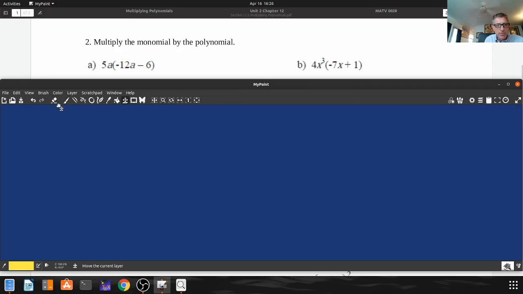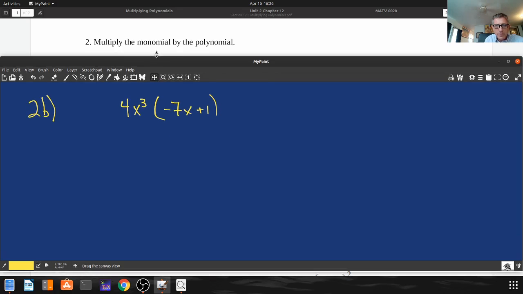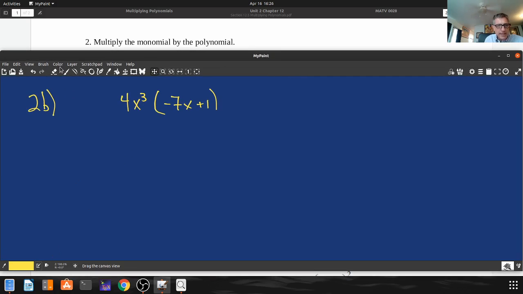Now let's do number b. If you don't remember the distributive property, it's a good time to go back and review it. So I have 4x cubed times minus 7x plus 1. So again, I'm going to take this entire term here and multiply it by this entire first term.